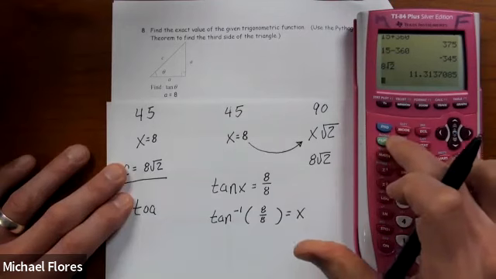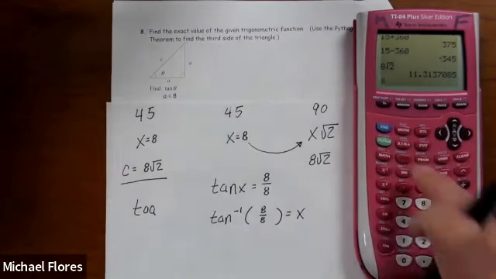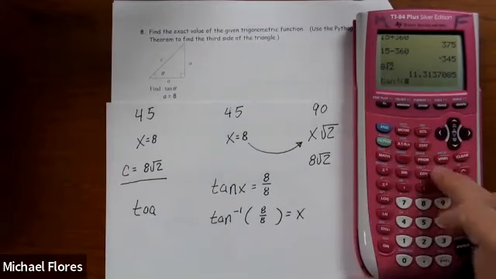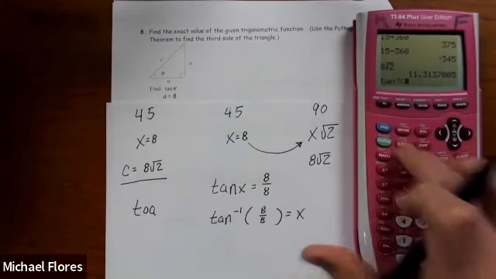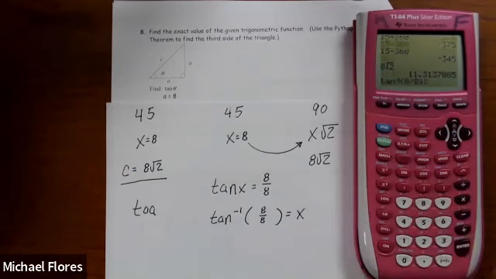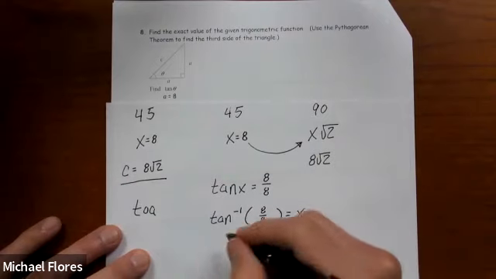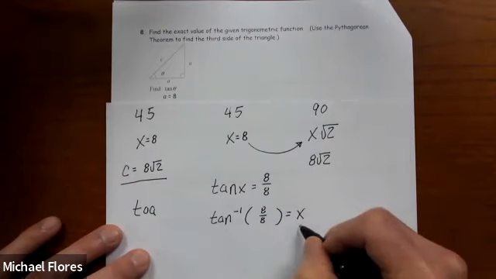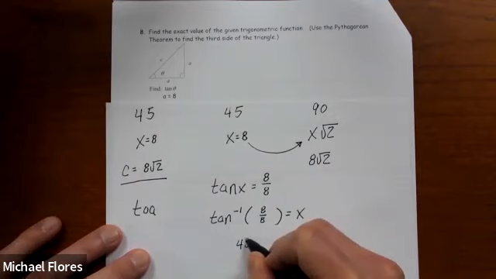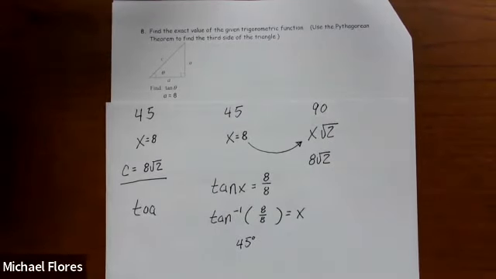I've already told you, but I'm just showing you how to do it in case it wasn't a 45, 45, 90 triangle. 45 degrees. So theta, tangent of theta, 45 degrees.